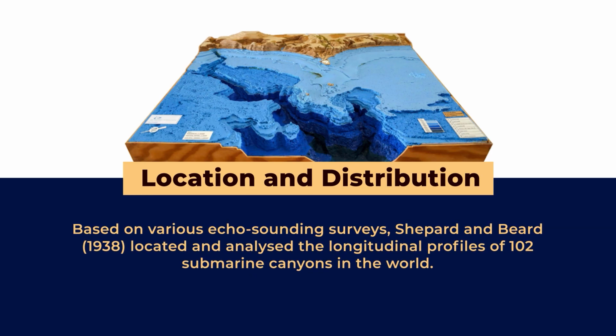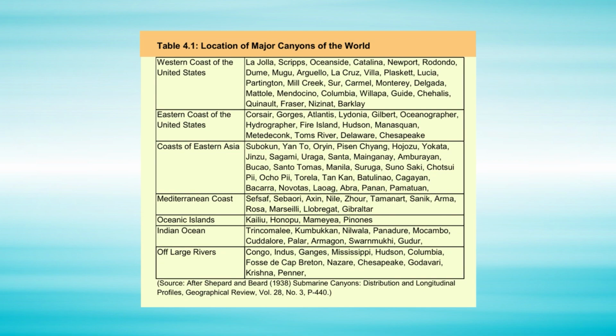Based on various echo-sounding surveys, Shepard and Beard in 1938 located and analyzed the longitudinal profiles of 102 submarine canyons in the world. And this table number 4.1 represents the location or distribution of major canyons of the world.